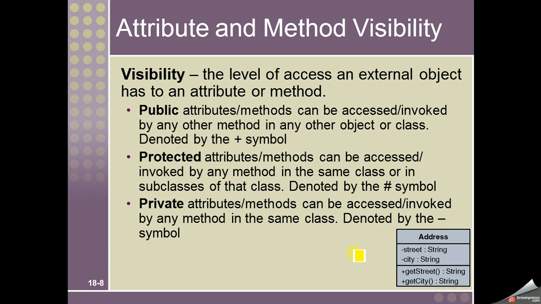The next thing is attribute and method visibility. I'm sure all of you have studied in Java or any other programming language course that we can declare both the attributes and the methods as public, protected, or private.